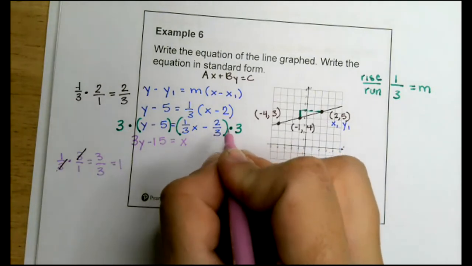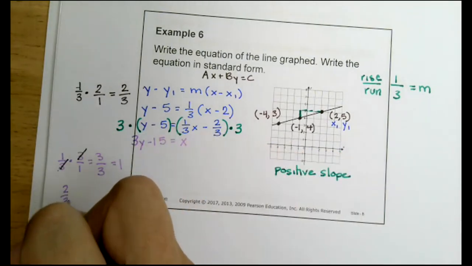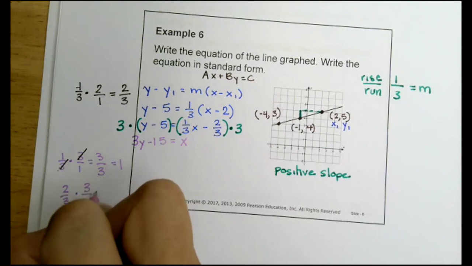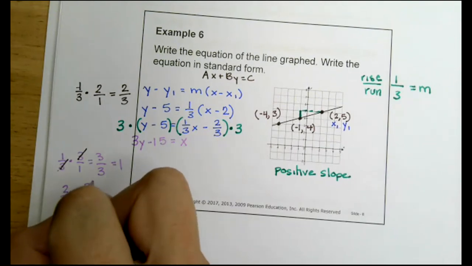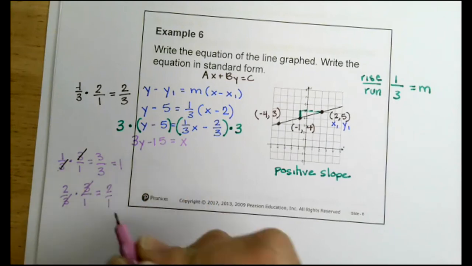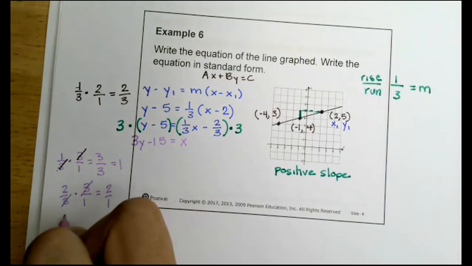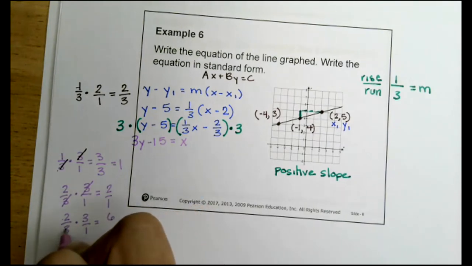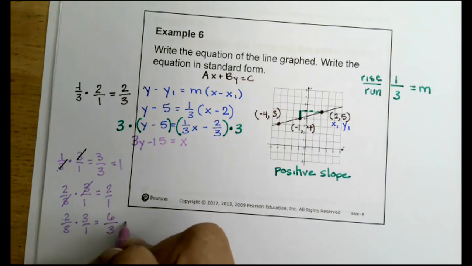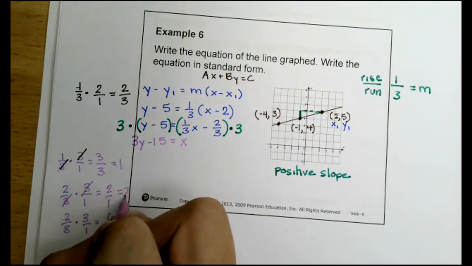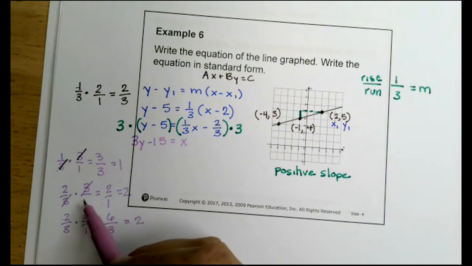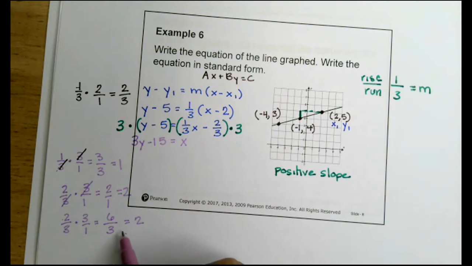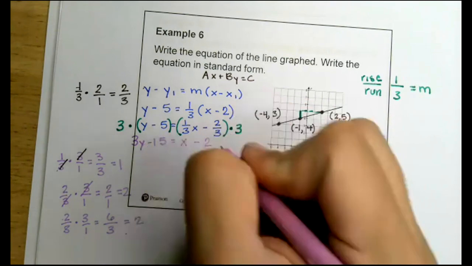And 2/3 times 3, we can say these cancel and it just becomes 2 over 1. Or 2 times 3 is 6, 3 times 1 is 3, 6 divided by 3 is 2. You could cancel the 3's and just say 2 on top, 1 on the bottom, or you could leave the 3's and divide it out. Either way you get 2, so x minus 2.